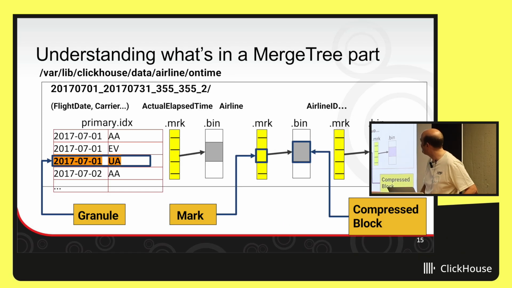So that's the way the row is reconstructed from the columnar chunks. The columnar data is in the bin, and then you have marks that reconstruct the row. And they're organized as granules, but I think the next speaker is going to discuss that better than me.